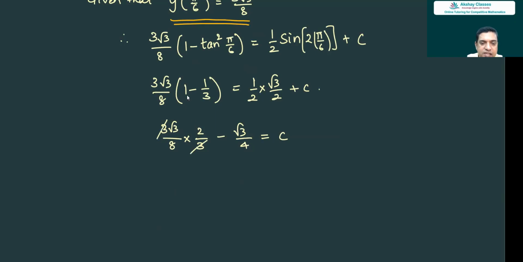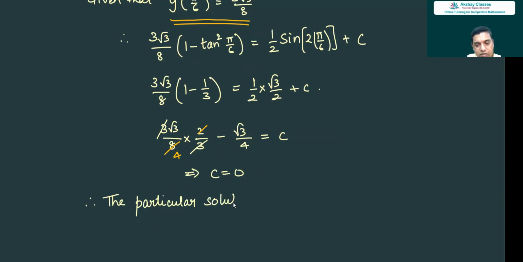So here 3 cancels and 2 cancels this 4 times. So root 3 by 4 minus root 3 by 4 is 0. This implies the constant is 0. Therefore, the particular solution is y times 1 minus tan square x is equal to half sine 2x.